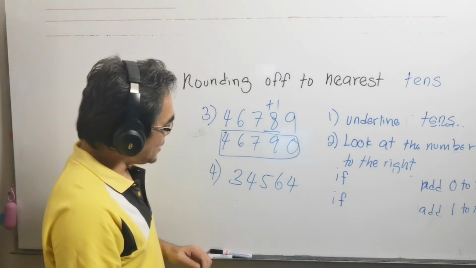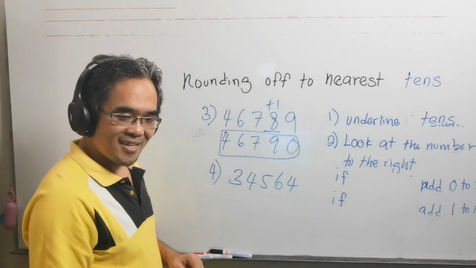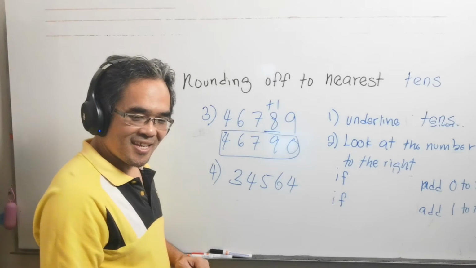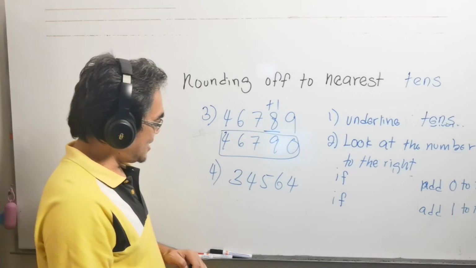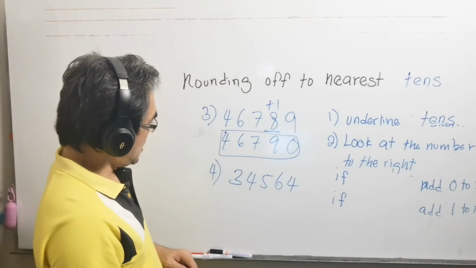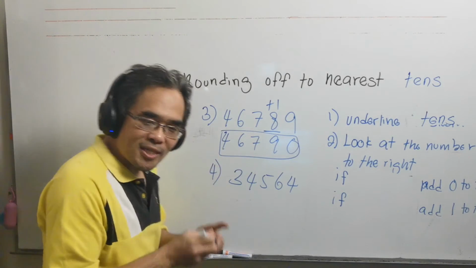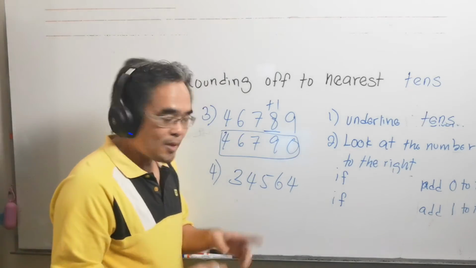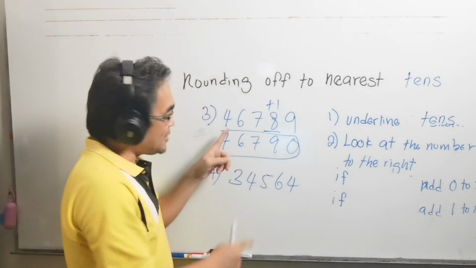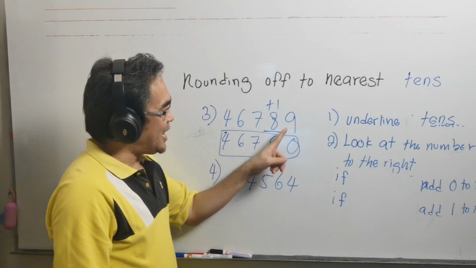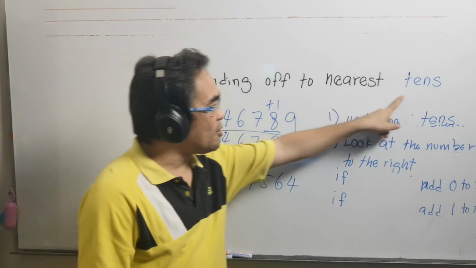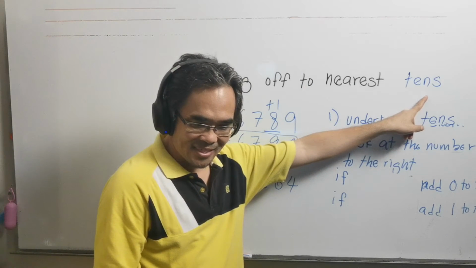What do you mean by 1, 3? No, okay, for example, because I don't get you also. Okay, this is the question, right? 4, 6, 7, 8, 9, and you have to round off to the nearest tens.